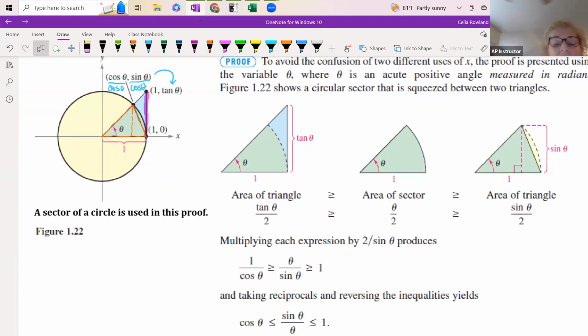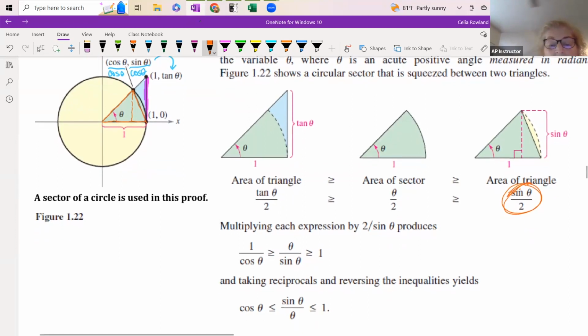So if we multiply each expression by 2 over sine theta, we're basically wanting to take this to become 1, okay? Then we get tangent theta over 2. The 2's will cancel. We'll have tangent divided by sine.